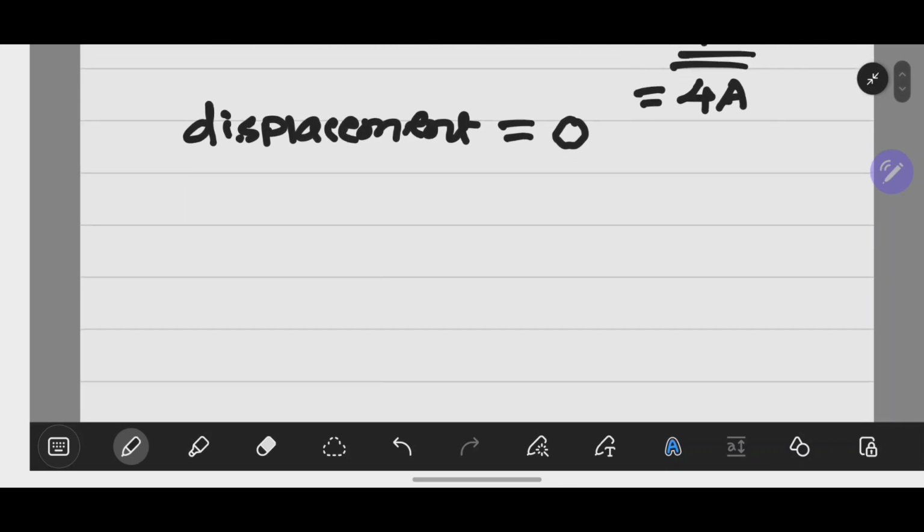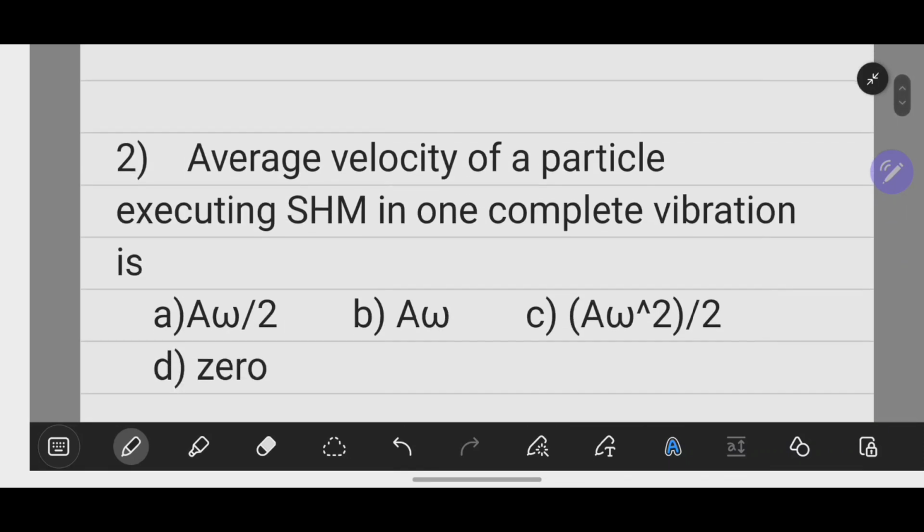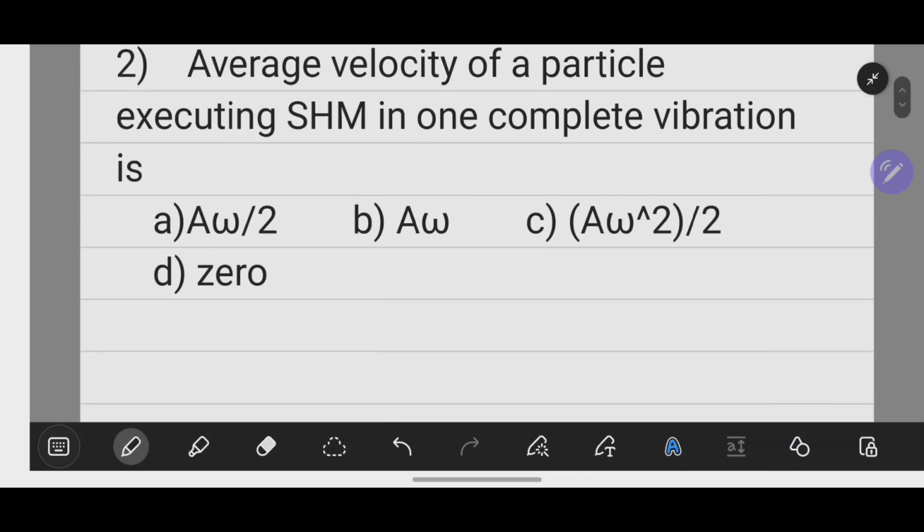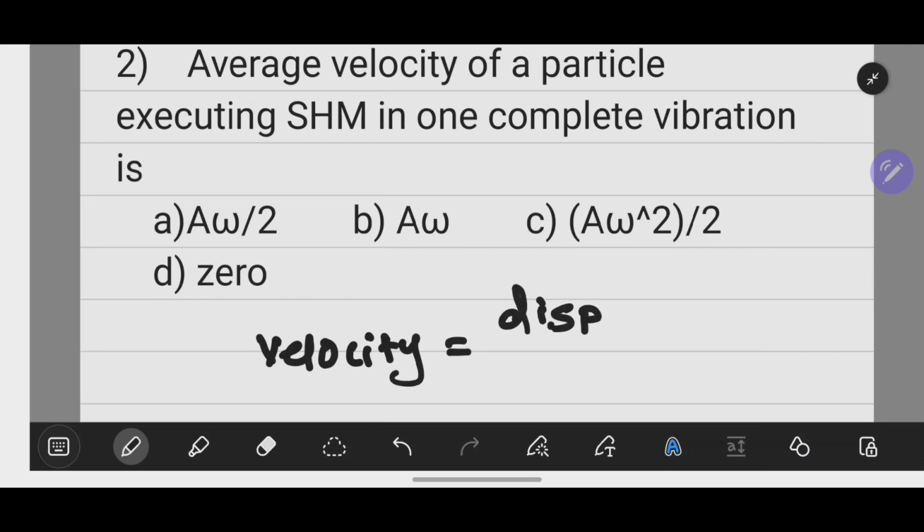Now come toward the next MCQ. The average velocity of the particle executing simple harmonic motion in complete vibration is: option A, A omega upon 2; B, A omega; C, A omega square by 2; and D, it is 0. As previously we know, the velocity is equal to displacement upon time.